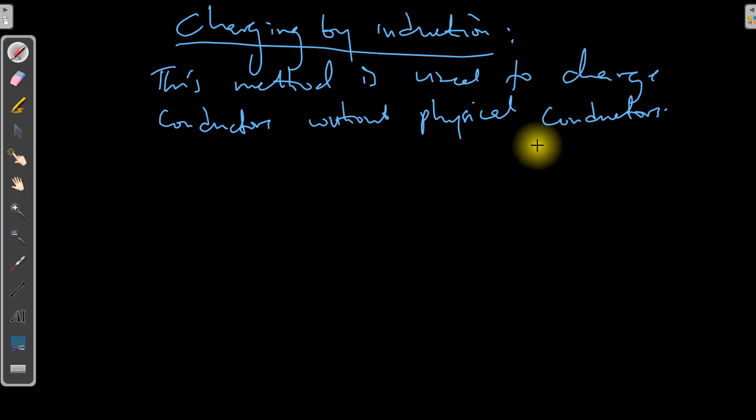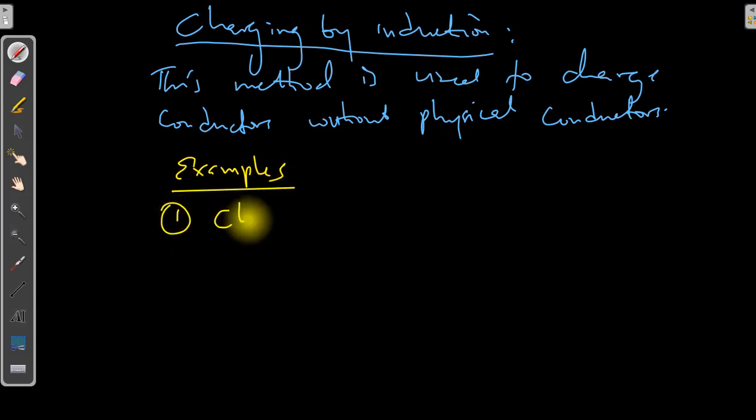So the method of charging by induction is used to charge two conductors without their physical contact. Let us look at some examples of charging by induction.